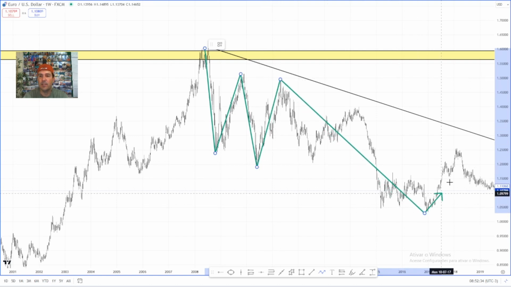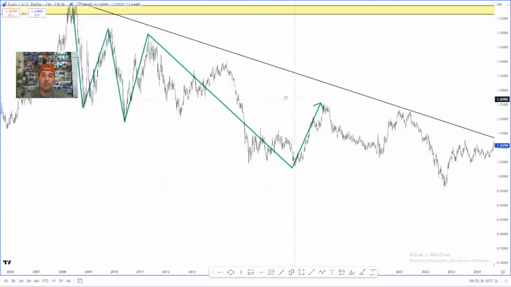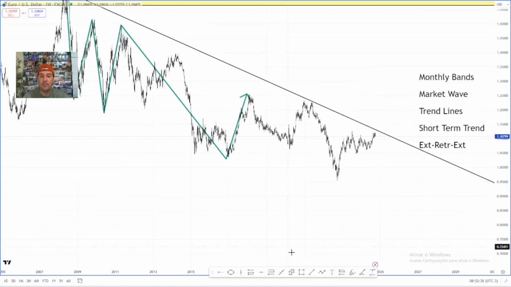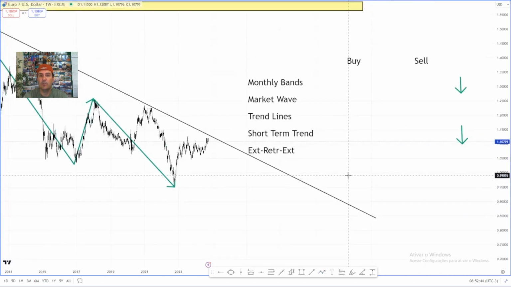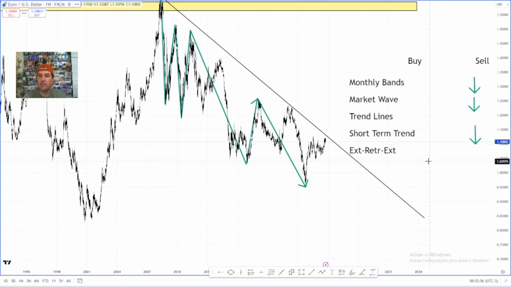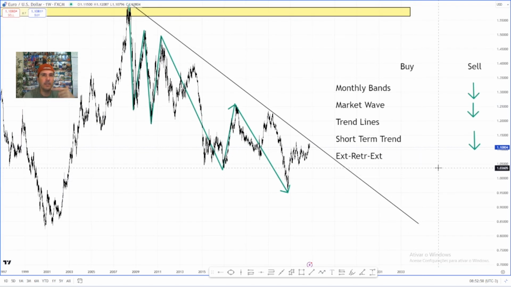It's similar to the monthly. So market wave is a sell too. Market wave, sell.